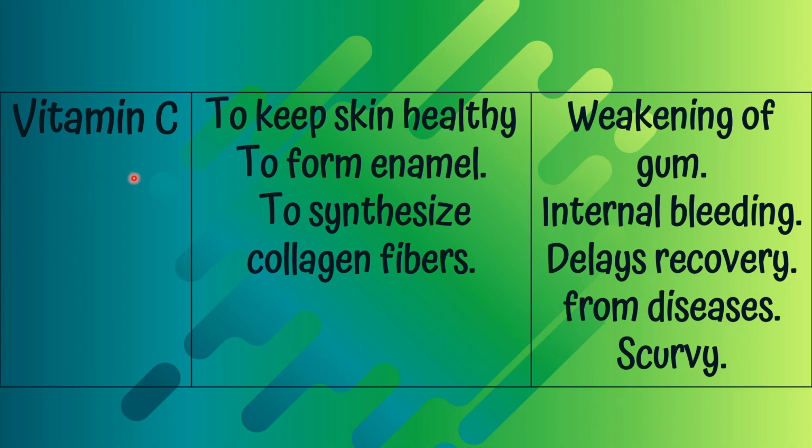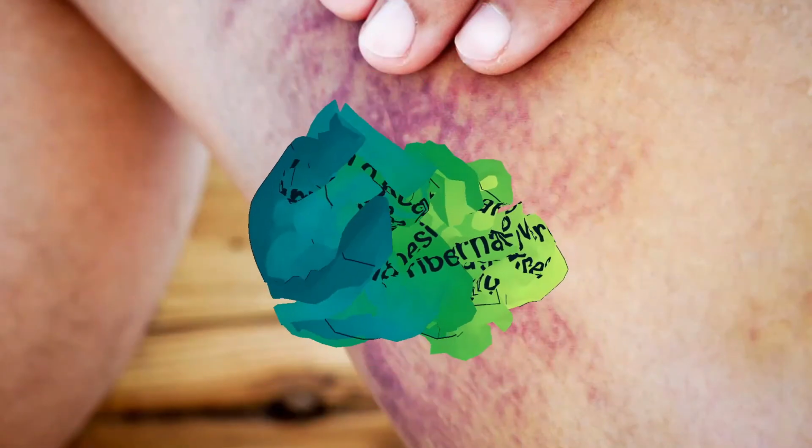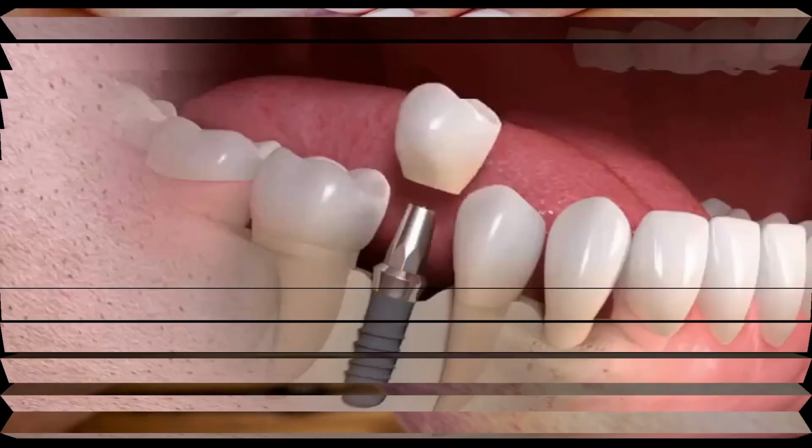Okay, then vitamin C. The functions are to keep skin healthy, to form enamel, and to synthesize collagen fibers. And deficiency symptoms are weakening of gums, internal bleeding, delayed recovery from diseases, scurvy. This is a situation of internal bleeding.